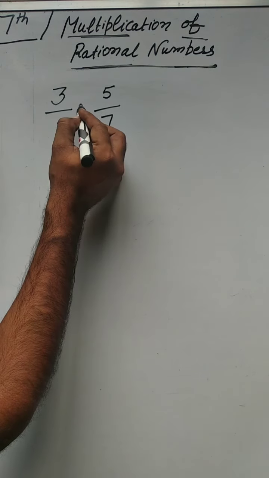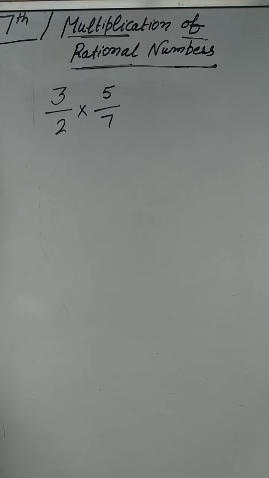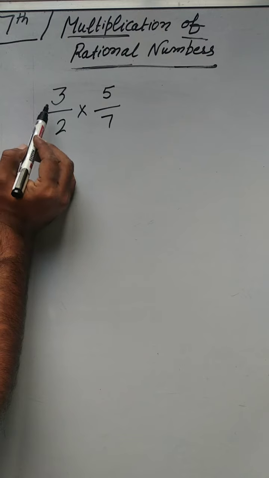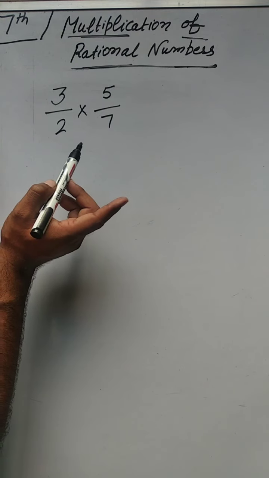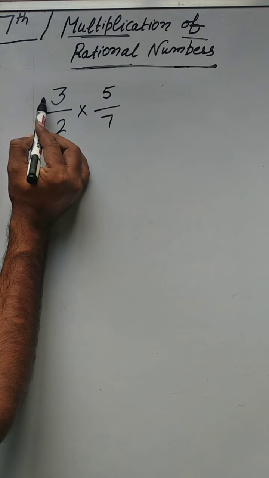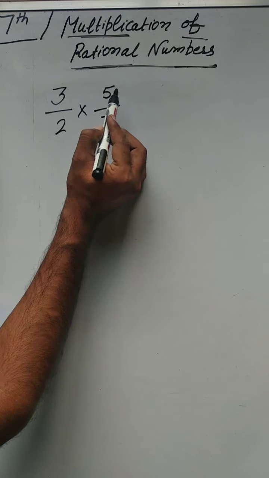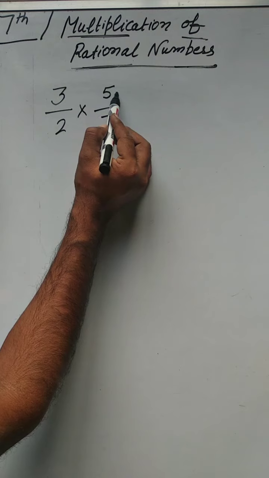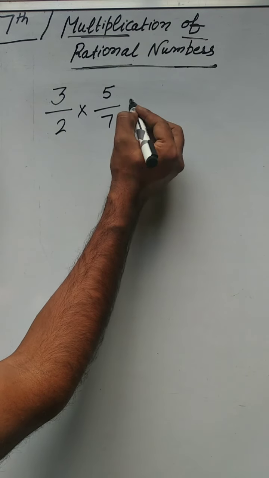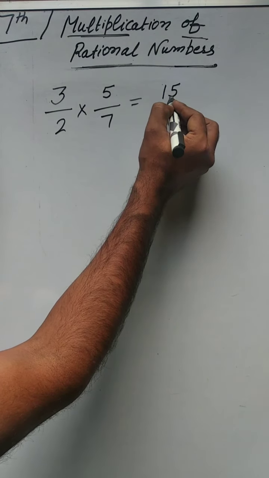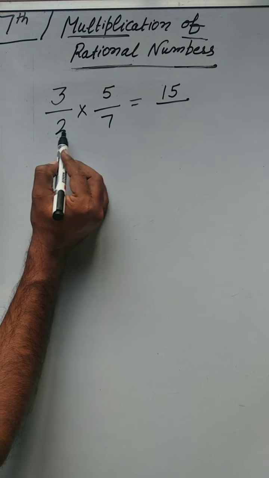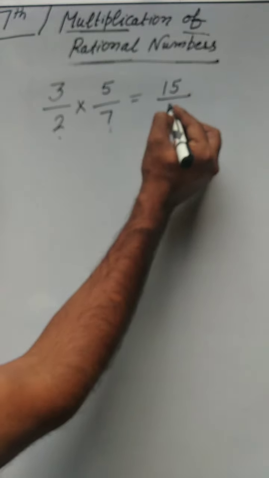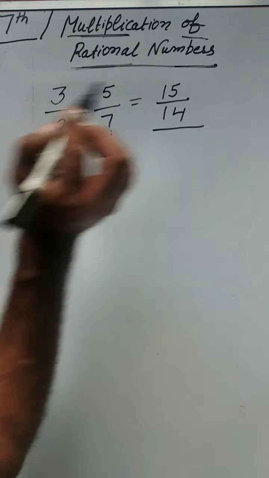I want to multiply them, so the sign of multiplication goes here. Proceed like the multiplication of fractions: multiply numerator with numerator and denominator with denominator. So 3 multiply 5, 3 5s are 15, and 2 multiply 7, denominator with denominator, 2 7s are 14. Clear beta?